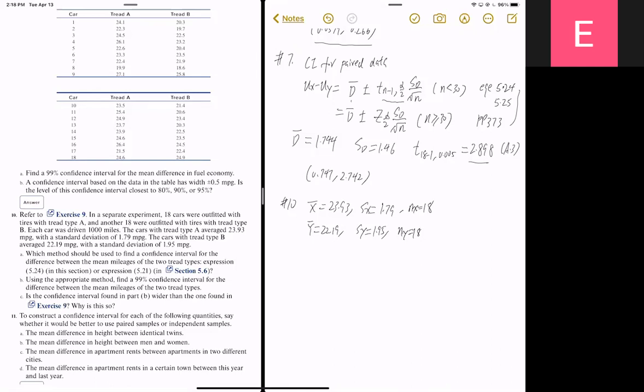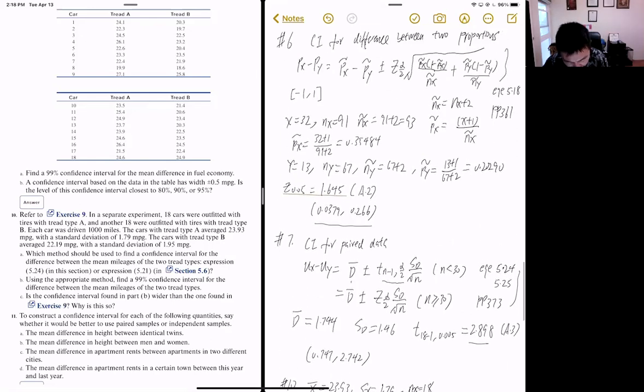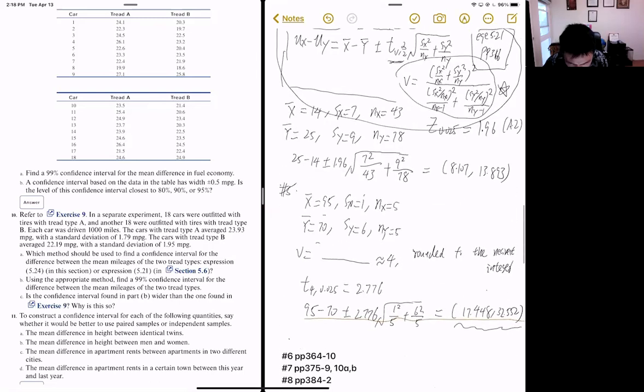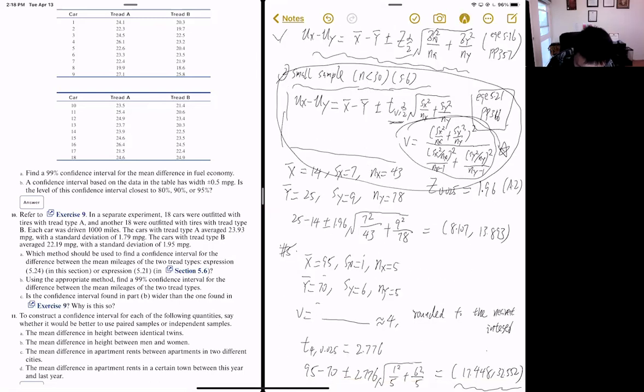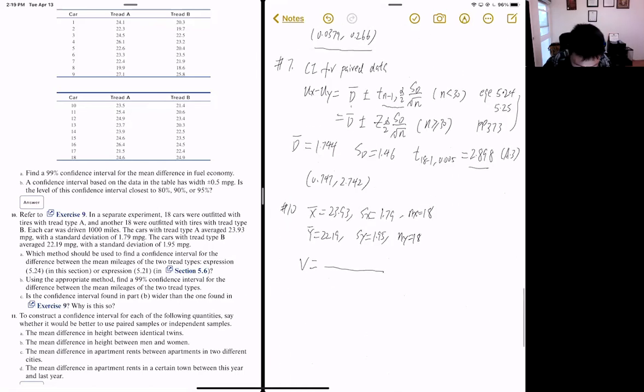Okay. Then the number of degrees of freedom is very complicated. I don't want to waste our time here, but use this equation, plug in the numbers for Sx, Sy, Nx, and Ny, and we calculate the degrees of freedom. It's around 33, because we need to round it to the nearest integer.